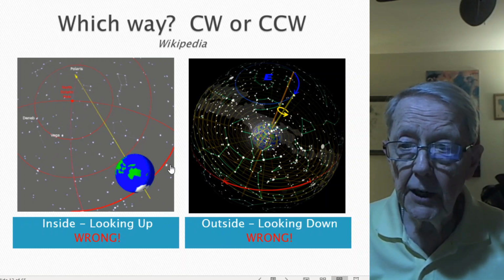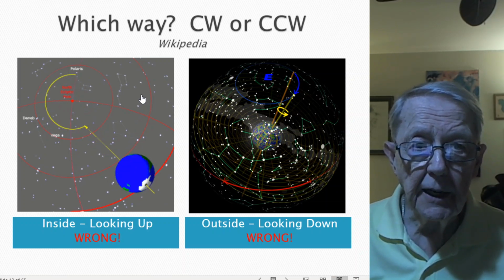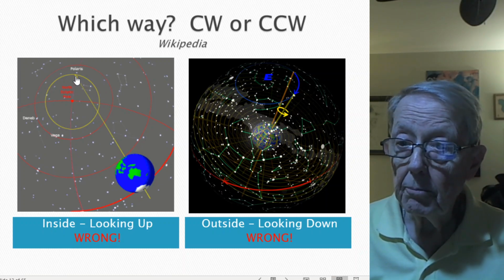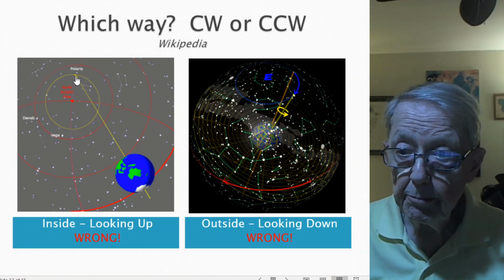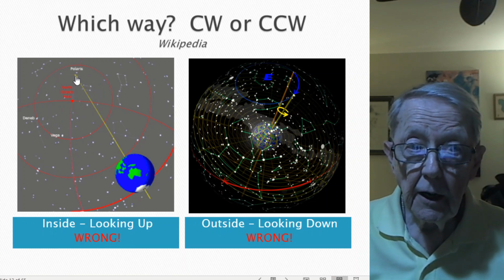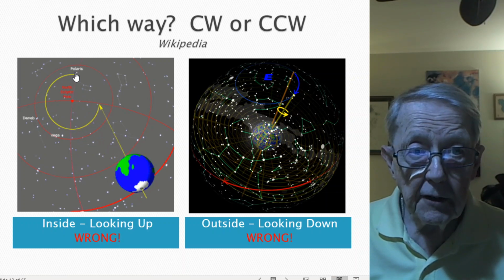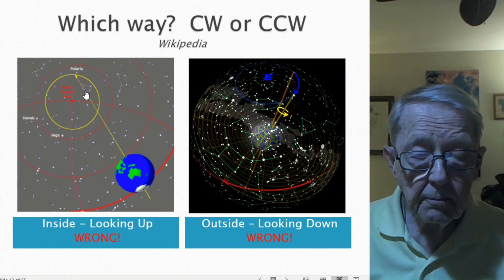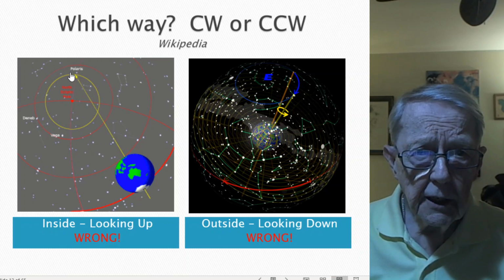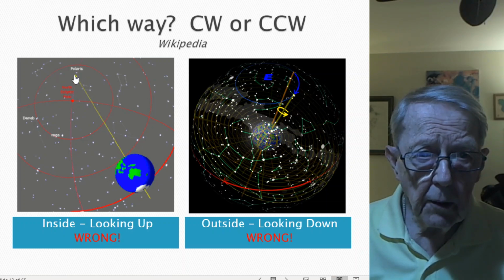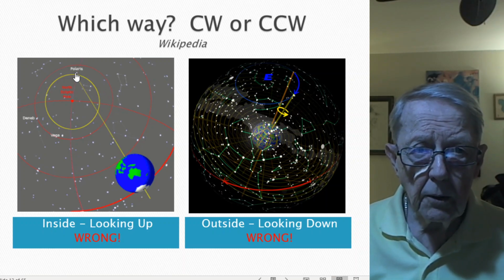There's something else here that was interesting. Here's Polaris, our current pole star. That's the North Star that we look at for navigation purposes. And it's at the end of the tail of the Little Dipper here. And if you just watch this, it goes around, it passes the bucket of the Dipper and goes over to the pole star.